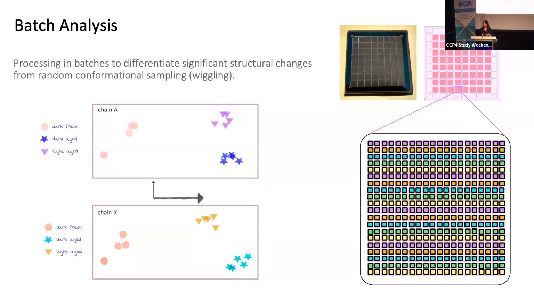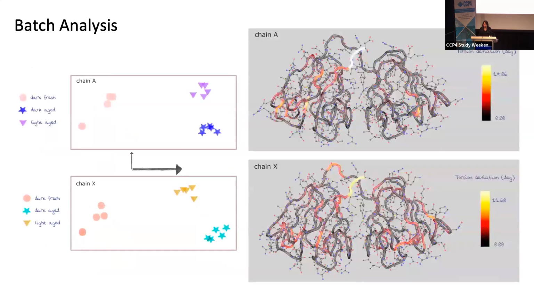The changes that we're seeing in the structure aren't just a random sampling of conformations over time, but they're actually related to the state of the crystals of the proteins inside. Using our batch analysis, we looked at the torsion angle changes between our fresh and aged structure without UV.